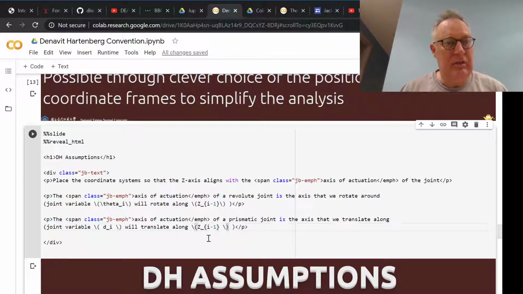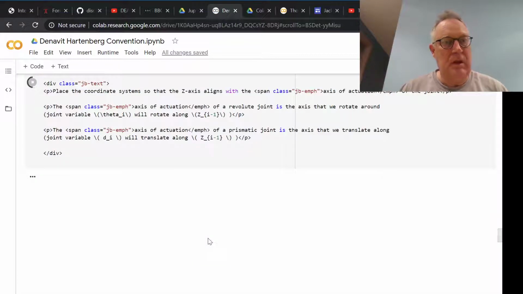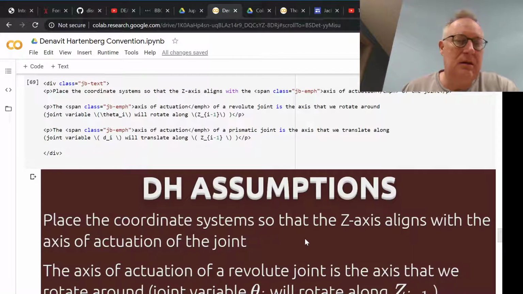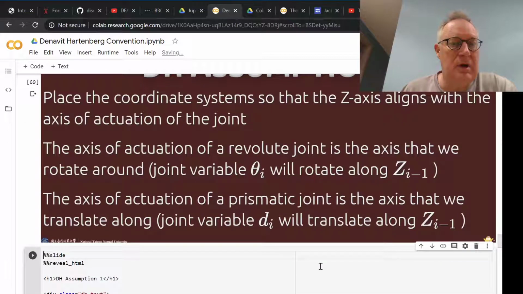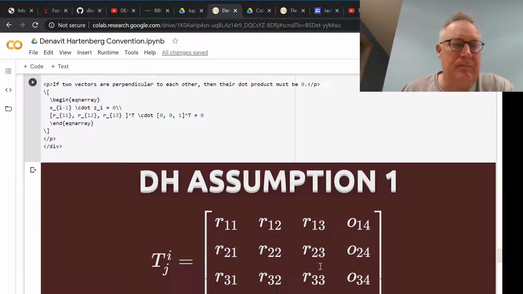Because the index for joints and links is off by 1, joint i will only impact the links i to n.